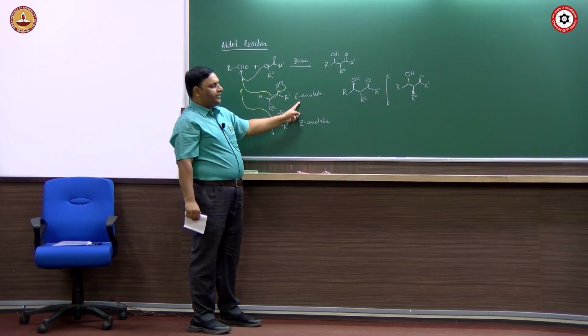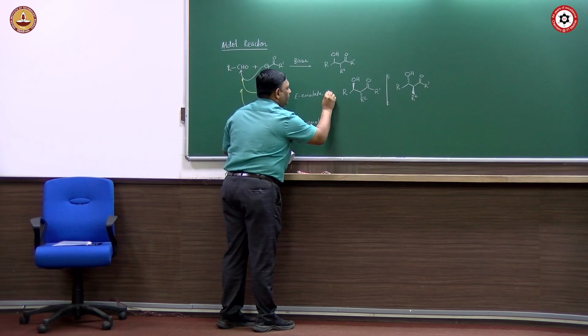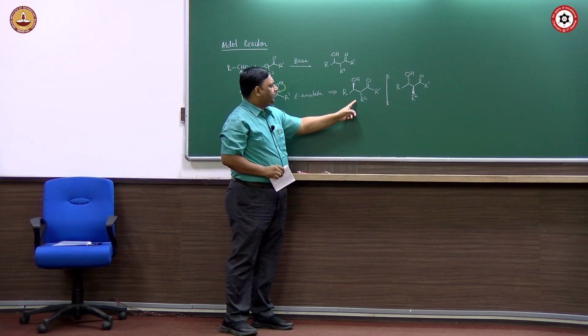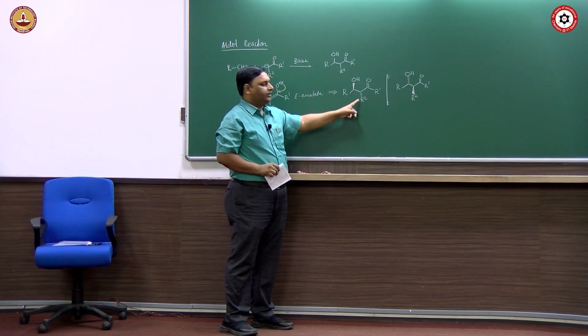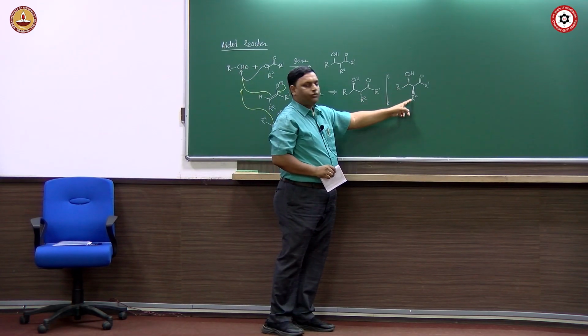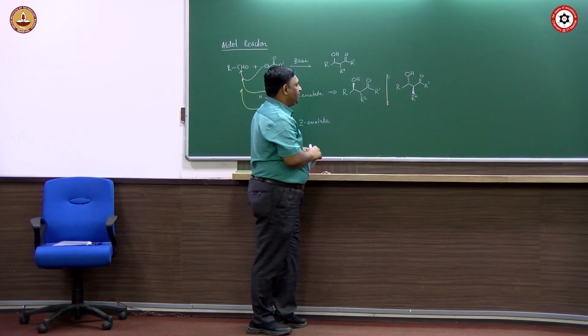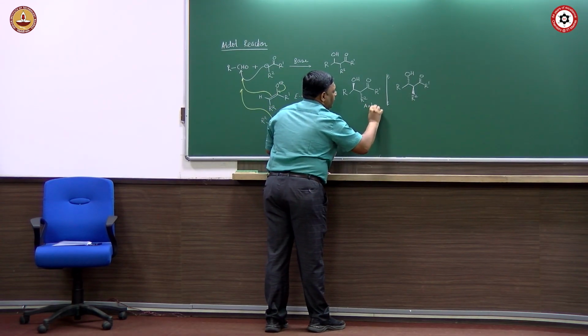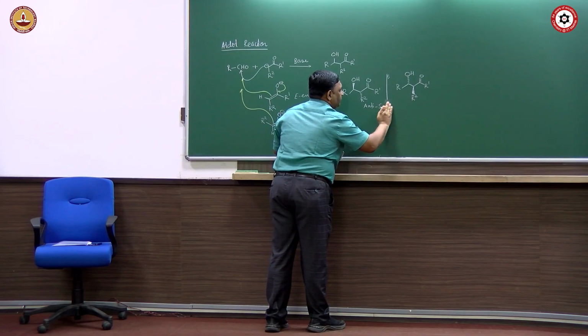So this is for the E enolate. The E enolate will give you this compound, and you can see that here OH and R2 are on opposite sides. In this case also OH and R2 are on opposite sides. So we call it an anti product, or we can say it is anti-selective.